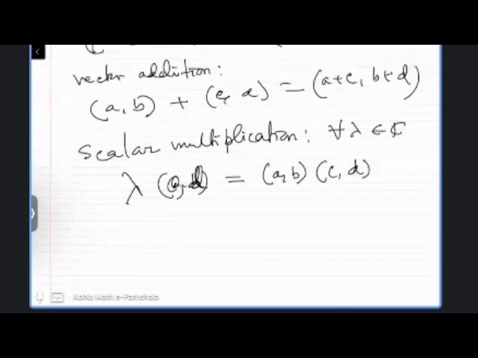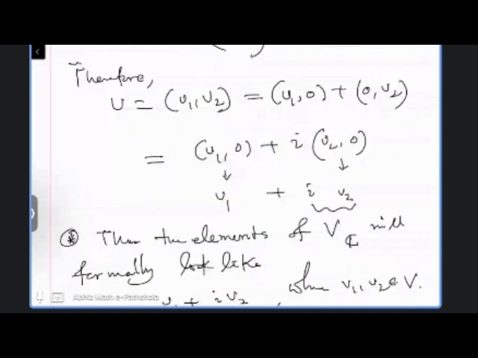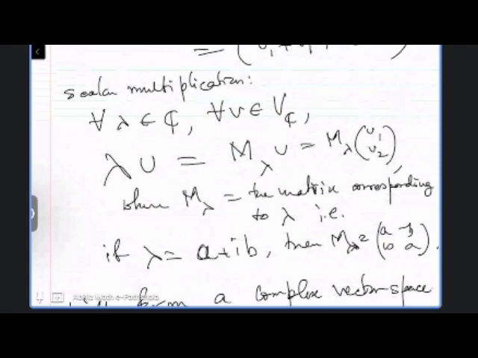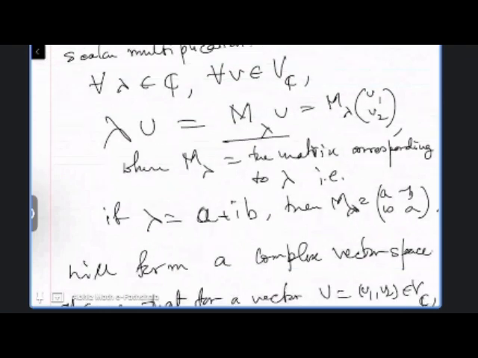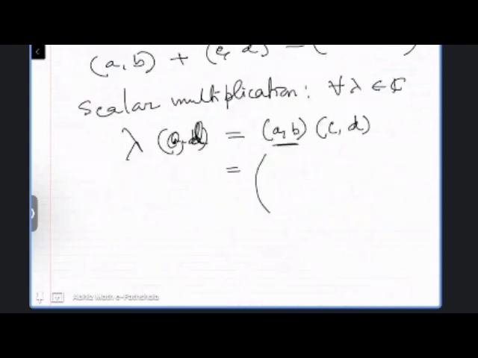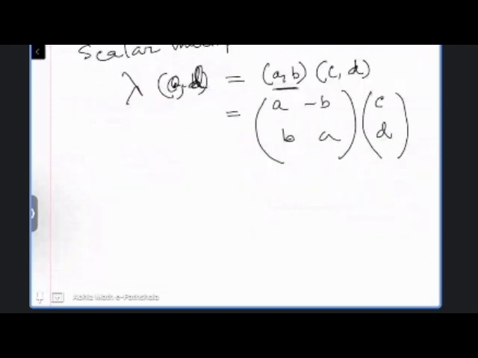And what has been done for the complexification? We are taking the matrix M lambda. With respect to this (A, B), what is your M lambda? It is (A, minus B; B, A), and we have taken this (C, D) as a column vector. And what should be the definition here?